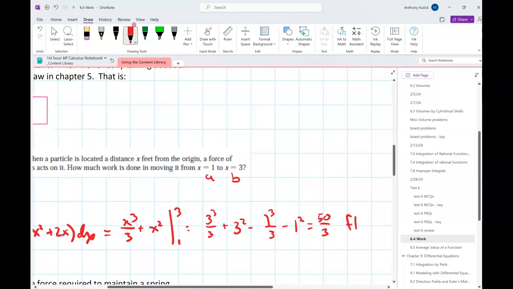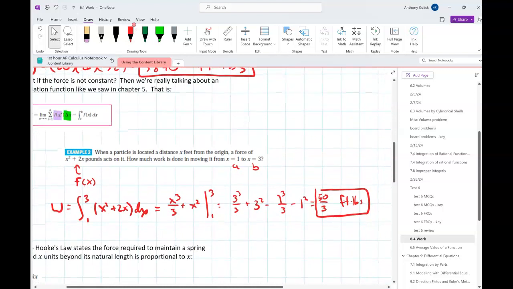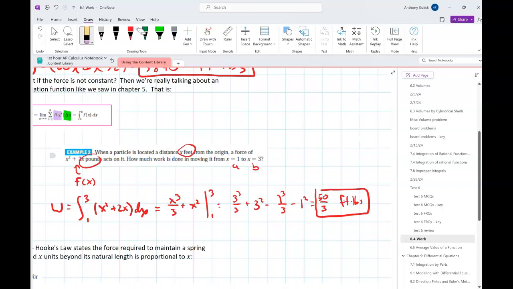And then again, it said this is in feet. Foot or feet, and then pounds. So our answer's in foot-pounds. That feel okay? Not a big deal, right?